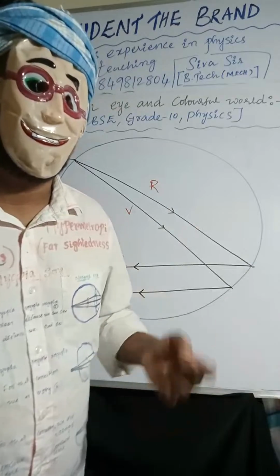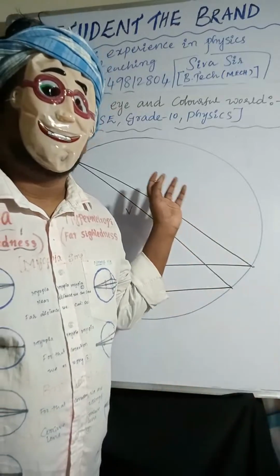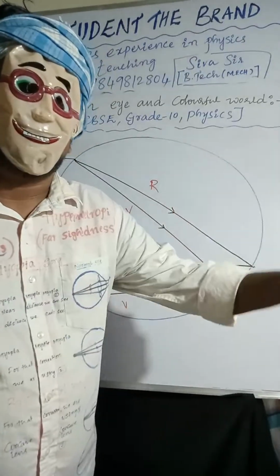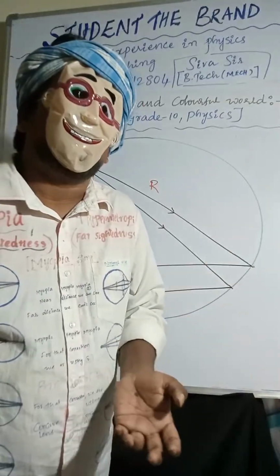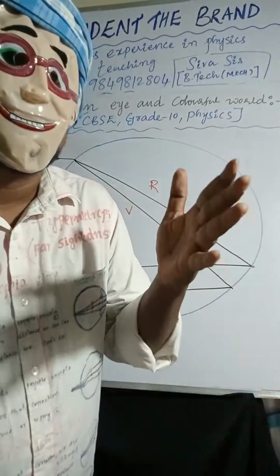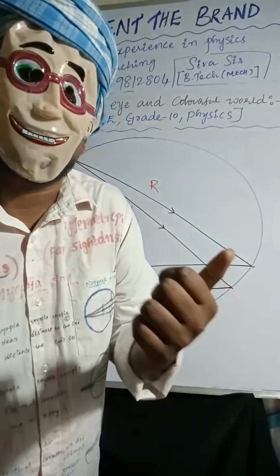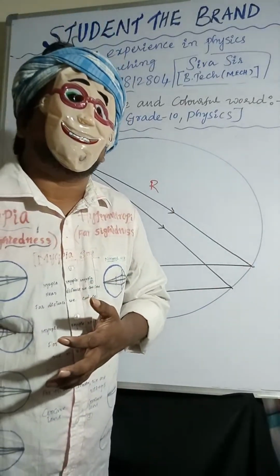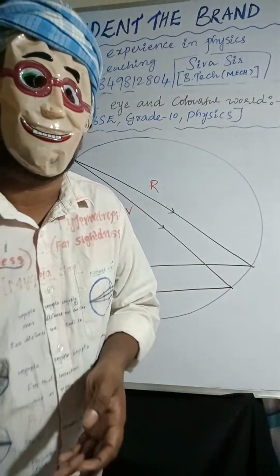When the white light ray passes through the water droplet, it's split into 7 colors. That is the phenomena involved in the formation of a rainbow.